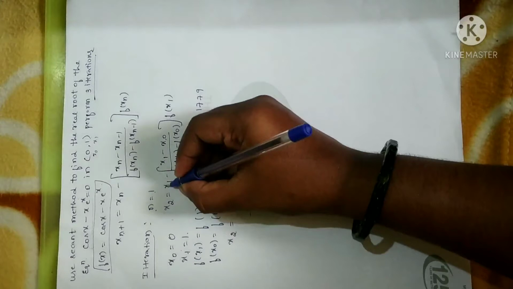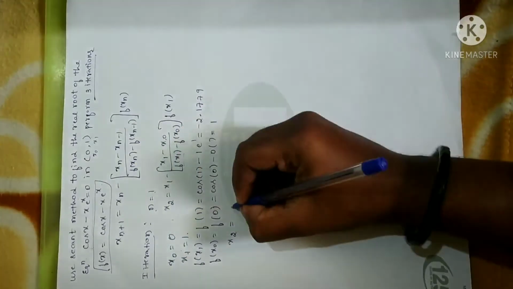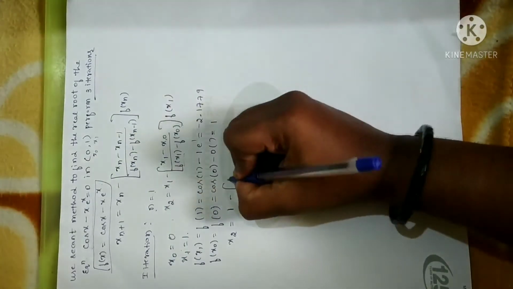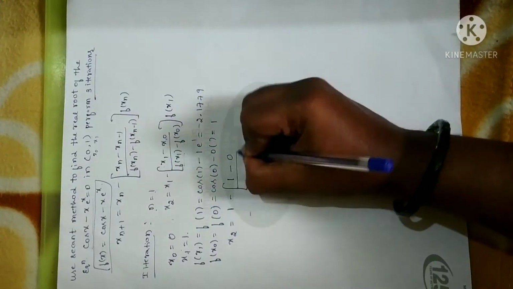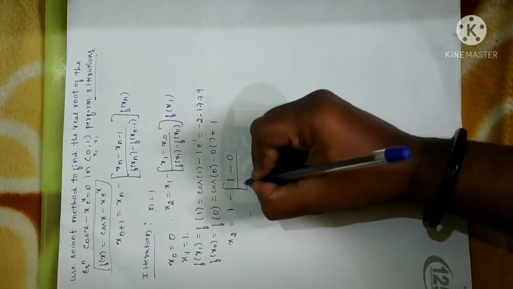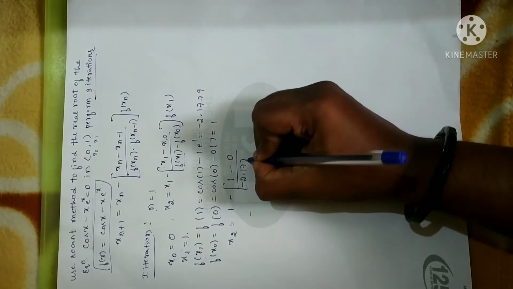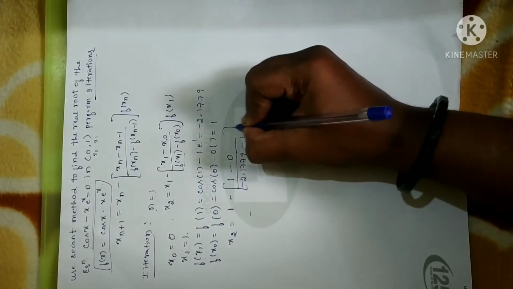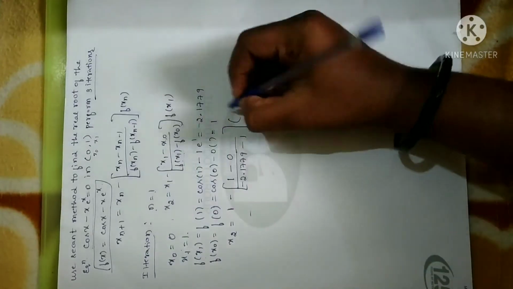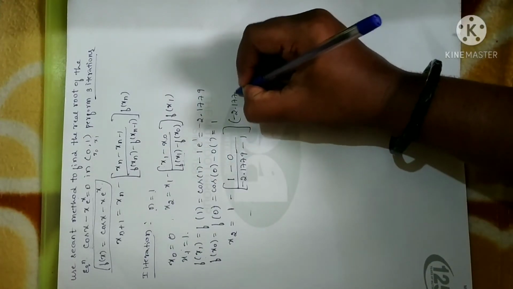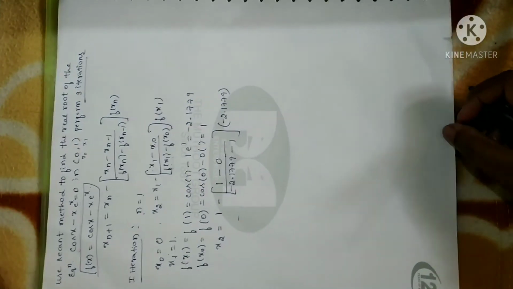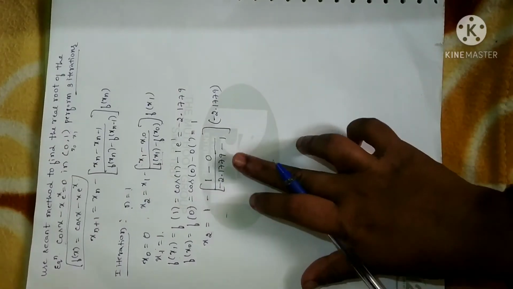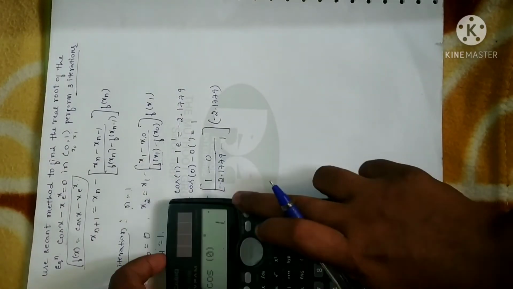You will get x2 is equal to x1, which is 1, minus x1 which is 1 minus x naught which is 0, divided by f of x1 which is minus 2.1779 minus f of x naught which is 1, into f of x1 which is minus 2.1779. As I already showed you n number of times, you just observe the way of calculation.